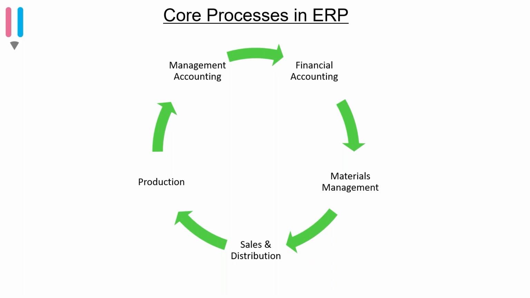And we have management accounting, that is nothing but CO. When we say FI CO, FI handles the financial accounting part, and CO handles the management accounting part. The CO part is a combination of both cost accounting and management accounting.